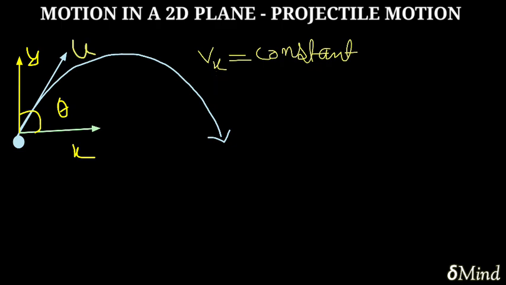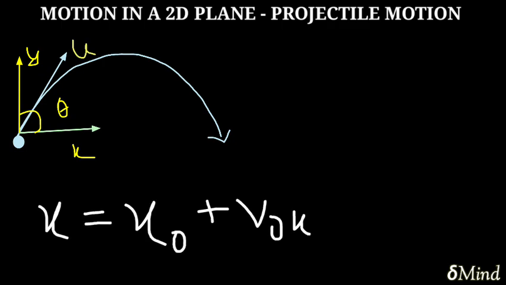So, to analyze projectile motion, we essentially treat it as two independent one-dimensional motion problems simultaneously. The horizontal motion is essentially constant because a_x equals 0. Hence, we can use the simple equation x equals x naught plus v naught x t.